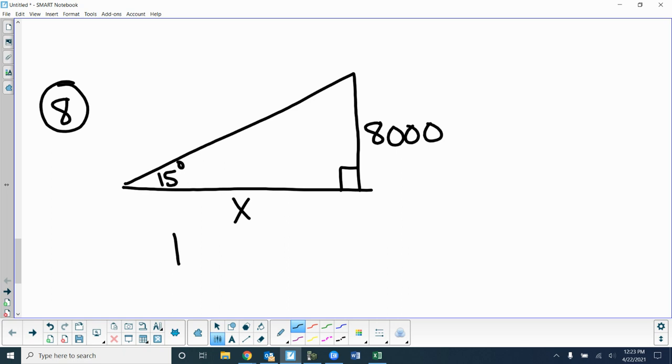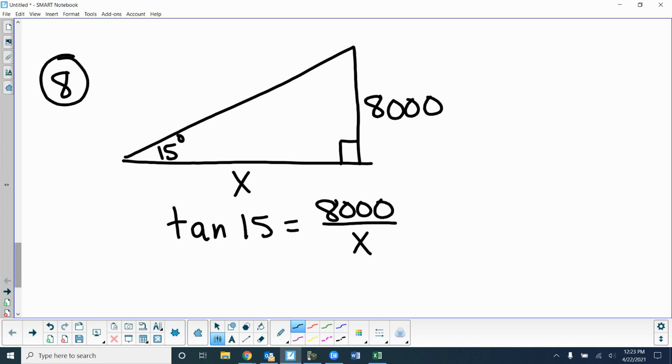But this time the X is at a different spot, in the bottom. So when X is in the bottom, it's easier to think about it as a proportion. Then you remember that it's X times the tangent of 15 equals 1 times 8,000.